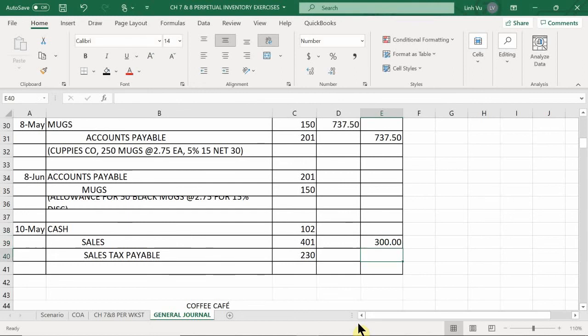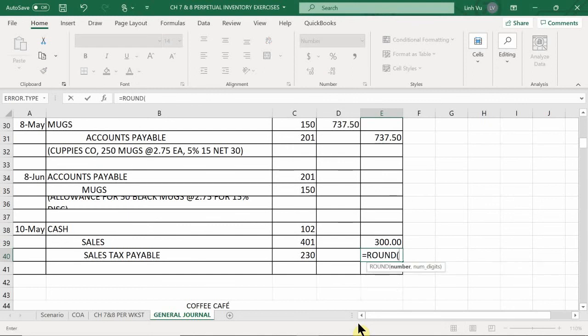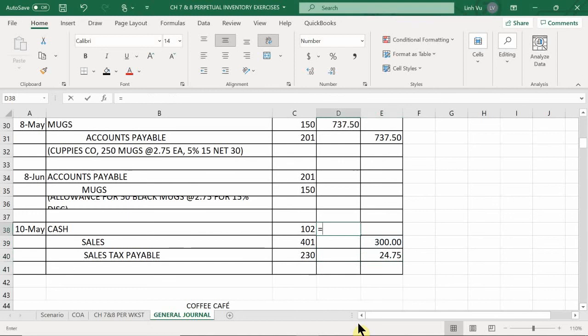How much is my tax I'm going to charge? $24.75. So therefore, how much am I supposed to be receiving? $325.75. Good.